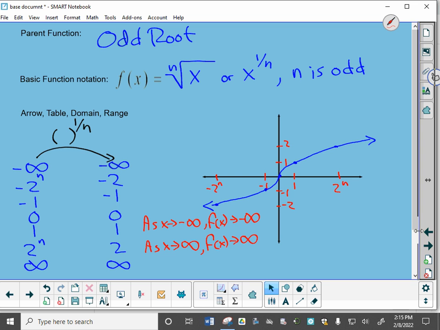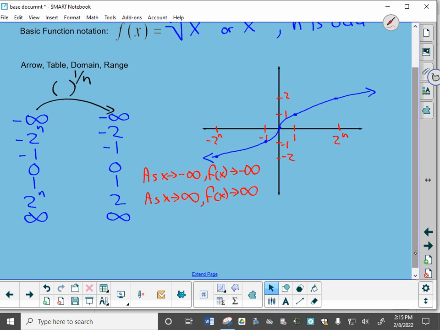And the only thing left to stick in here then is my domain and range. The domain, I can put any number into an odd root, so this is all real numbers, and I am capable of getting all real numbers out. And that is the description of our odd root parent function.